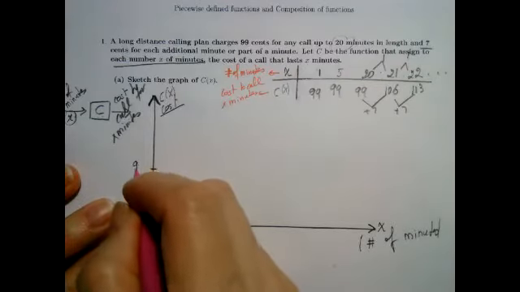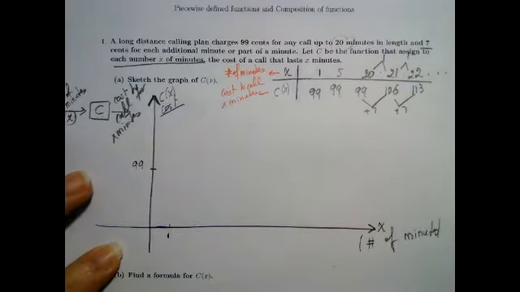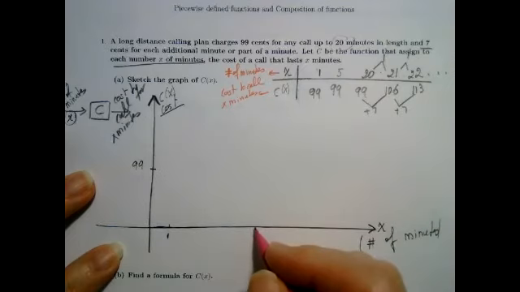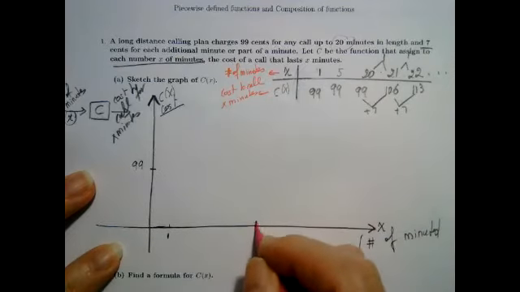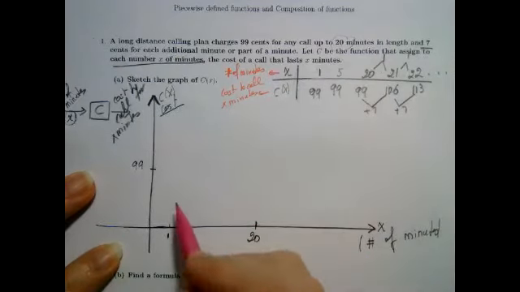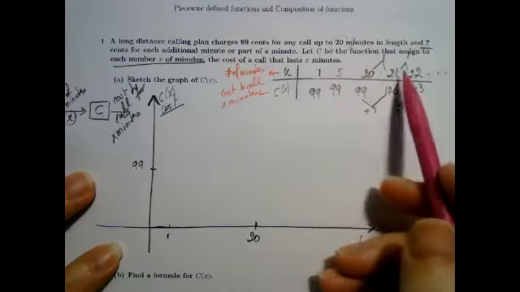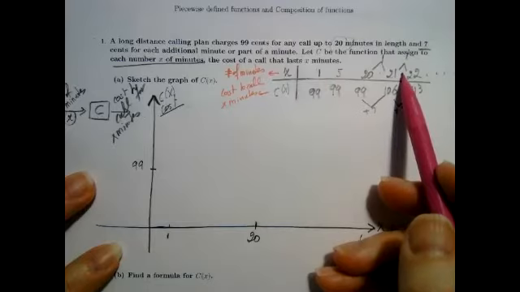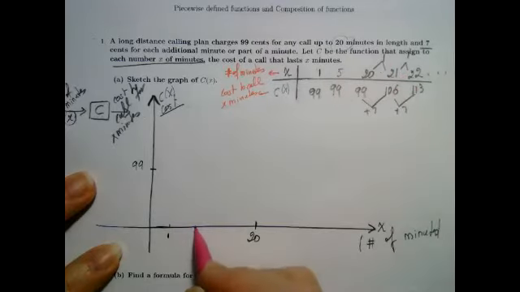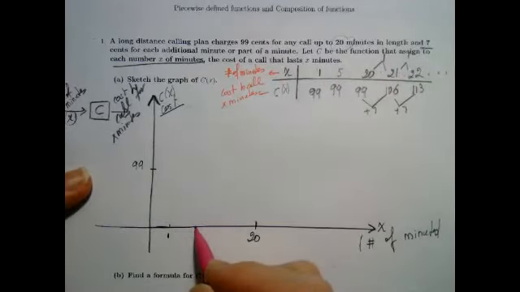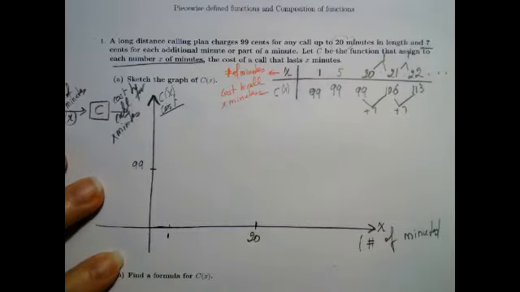Right. And 1, 5, and 20 are all going to be at different spots on the x-axis, but at the same spot on the y. Right. Now, is it only 5 and 20? I cannot put every possible value here, right? So if it's 3, what's it going to be? 99. So how do you want me to sketch?